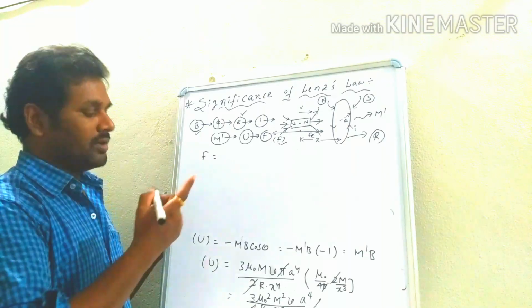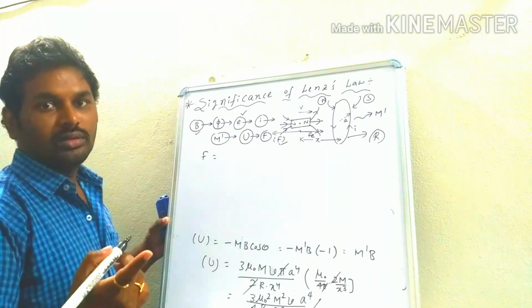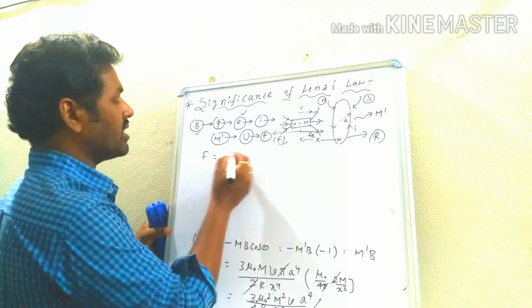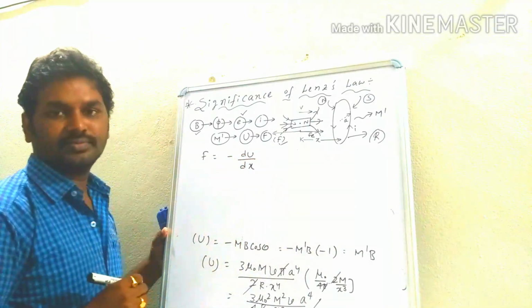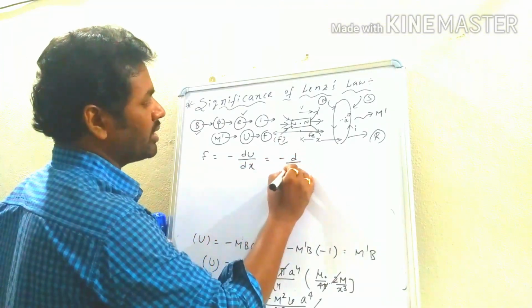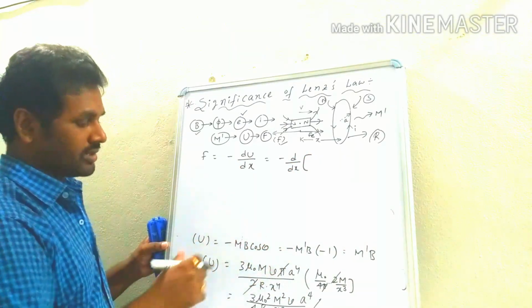Yes, here the magnetic field, which is a conservative field, in that field we can use the relation between the force and the potential energy, which is known as F is equal to minus dU by dx, and that is equal to minus d by dx of potential energy.